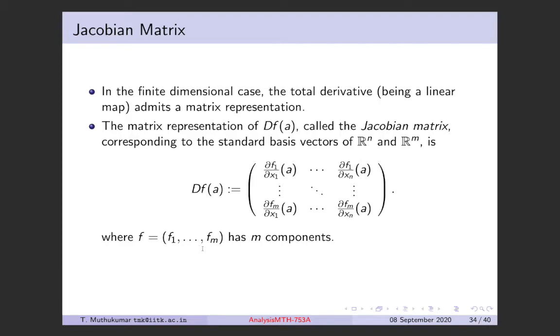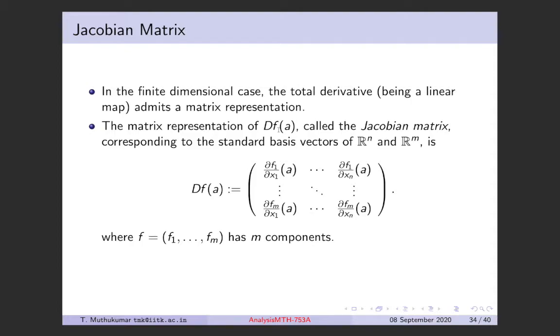The matrix representation of the linear map, that of the derivative at A, is given by the gradients of the fi's on the rows. So you have an m cross n matrix, which is a map from Rn to Rm. This is the matrix representation corresponding to the total derivative of f at A.